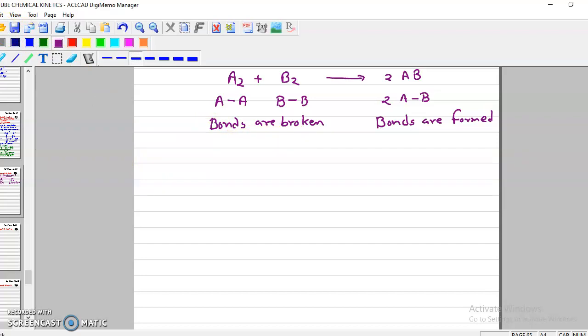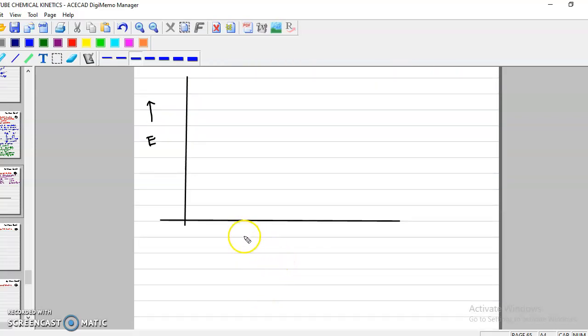Let us understand this with a graph. On the y-axis we put energy, that means if you go up then energy increases, and on the x-axis let us put the progress of reaction.